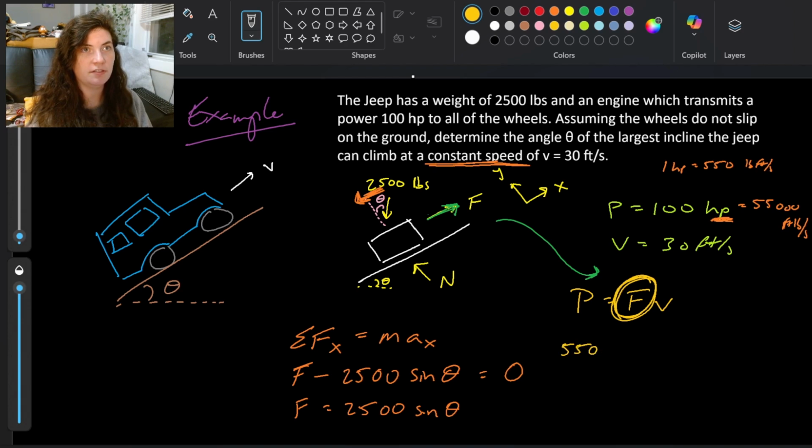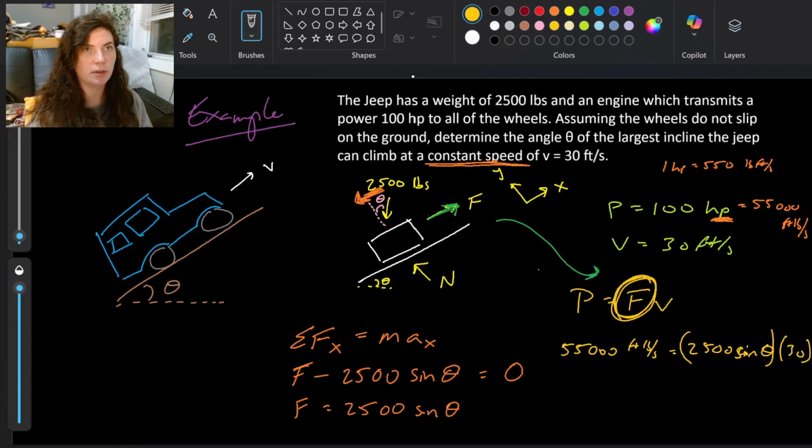So this is the value that I'll plug into my P down here. I have 55,000 foot-pounds per second equals my force, which is in pounds, 2,500 sine theta, times the velocity of 30 feet per second.